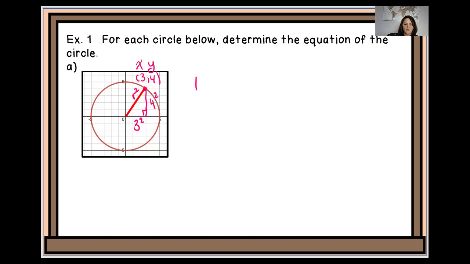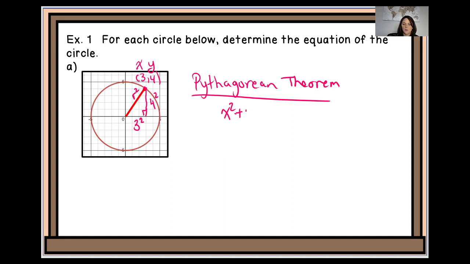So using the Pythagorean theorem, we know that a squared plus b squared equals c squared. In this case though, because my 3 is an x and my 4 is a y, I'm going to say that x squared plus y squared is equal to r squared. So now this is the equation of a circle. Let's go ahead and plug this in.